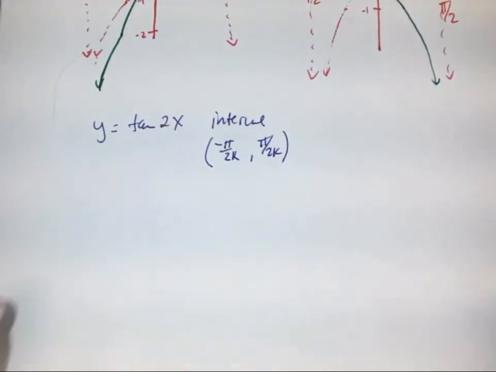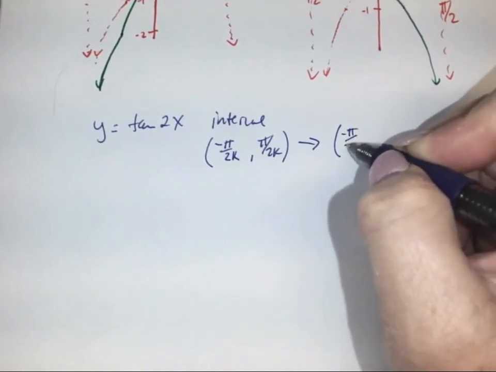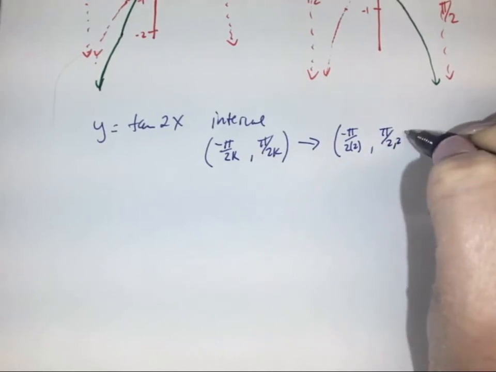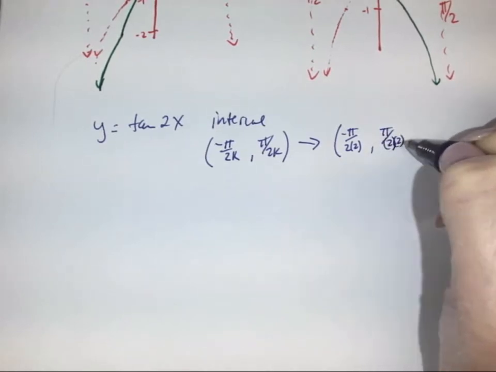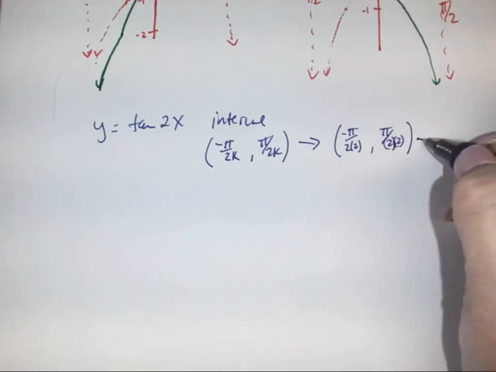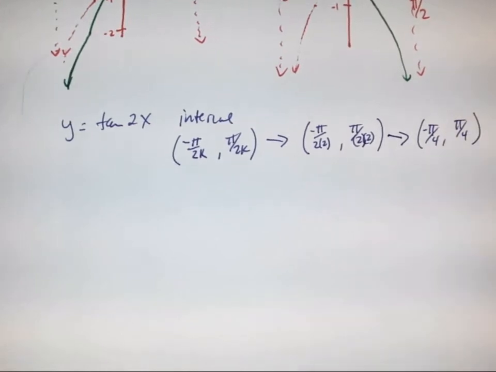Our k is going to be 2, so that will get us to negative pi over 2 times 2 to pi over 2 times 2, which will then get us to negative pi over 4 to pi over 4. So that's where our interval will land, and that's something that we need to know in order to draw our graph out.